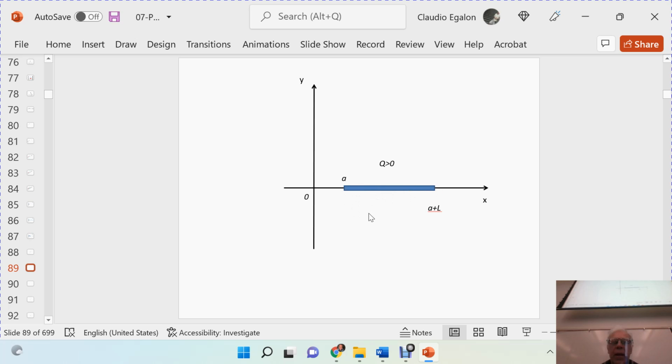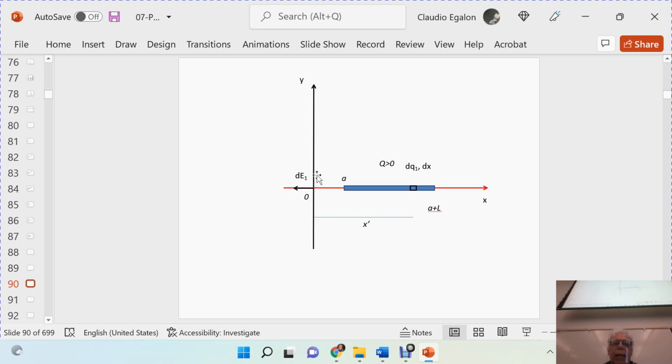And what do we want to do? We want to calculate the electric field at the origin of this xy axis. I'm not calculating the electric field in the whole space. Calculating it in the whole space is a far more difficult problem. It's possible to do that analytically, but it's going to be a lot of work. So let's do something simpler.